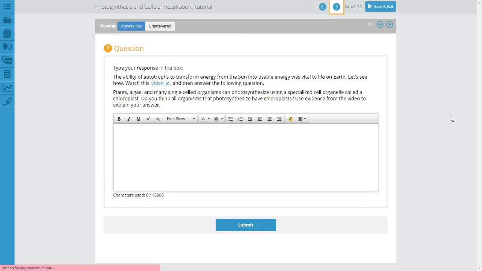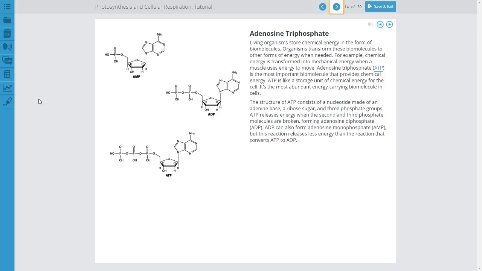Now we're going to talk about something called ATP. Now, I know that I've talked to you about sugar a lot, as in sugar is the molecule of energy, and it is. Plants store sugar and other things like lipids, fats and waxes that they make from sugar, but they don't really use the sugar molecule as energy.